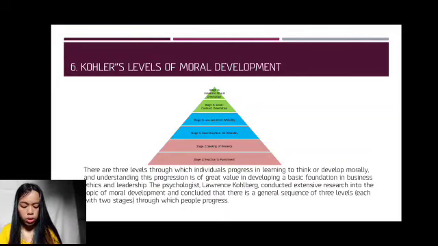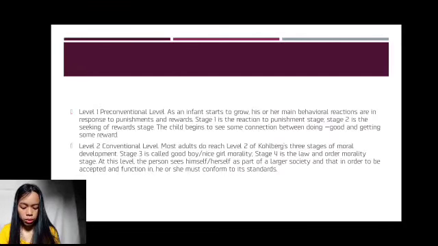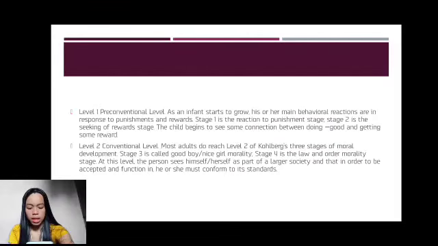The psychologist Lawrence Kohlberg conducted extensive research into the topic of moral development and concluded that there is a general sequence of 6 stages of moral development, which could be generally classified into 3 levels: pre-conventional level, conventional level, and post-conventional level. Each level has 2 stages.